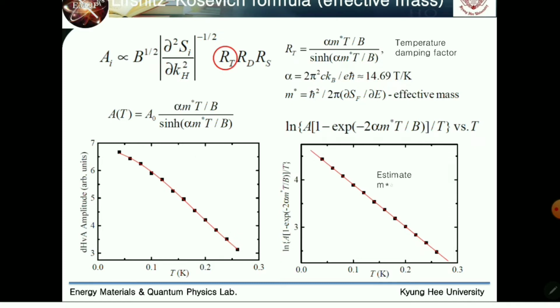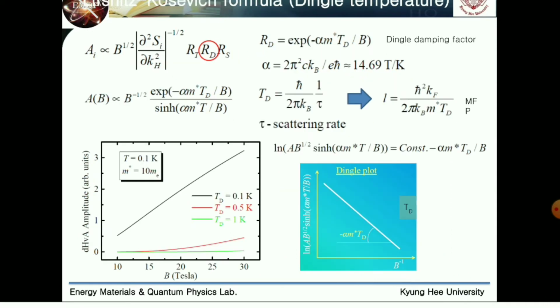RT is the temperature dependent damping factor, and from it, using this amplitude plot, we can estimate the cyclotron effective mass of the carrier.